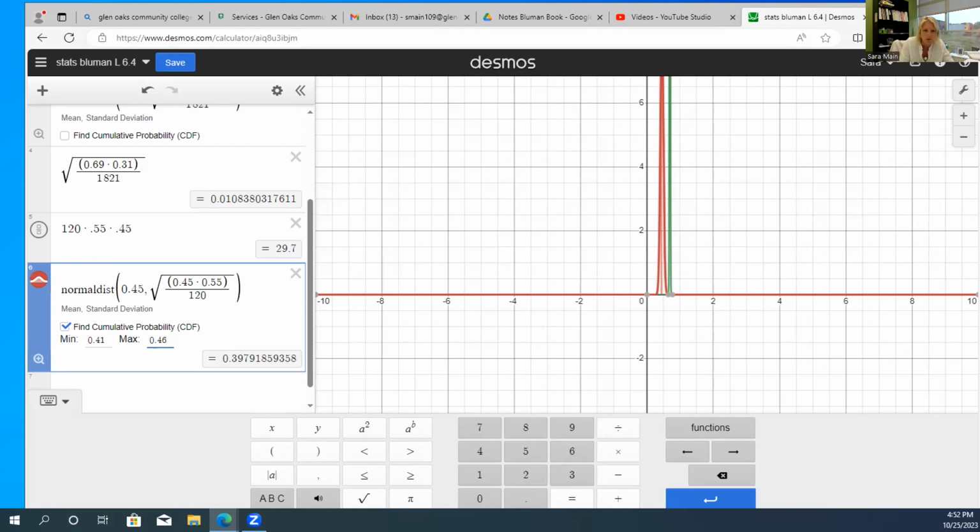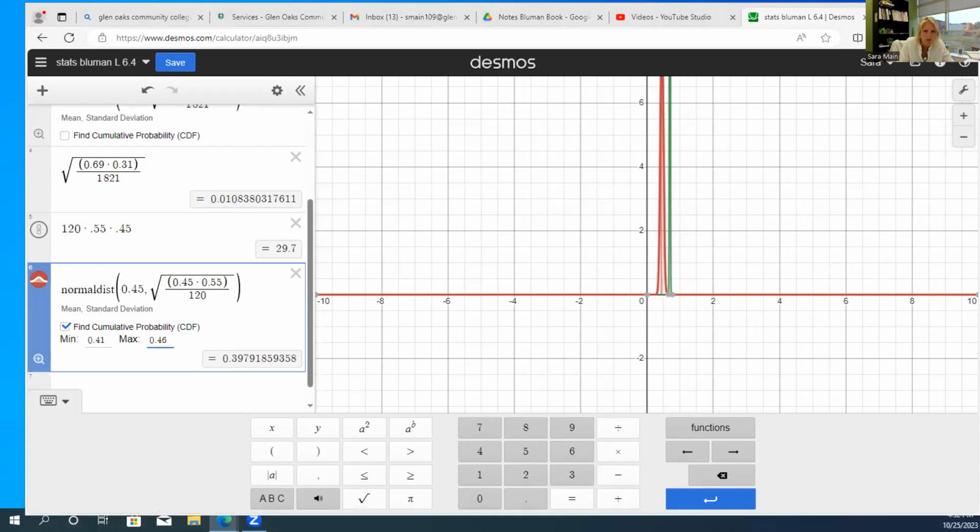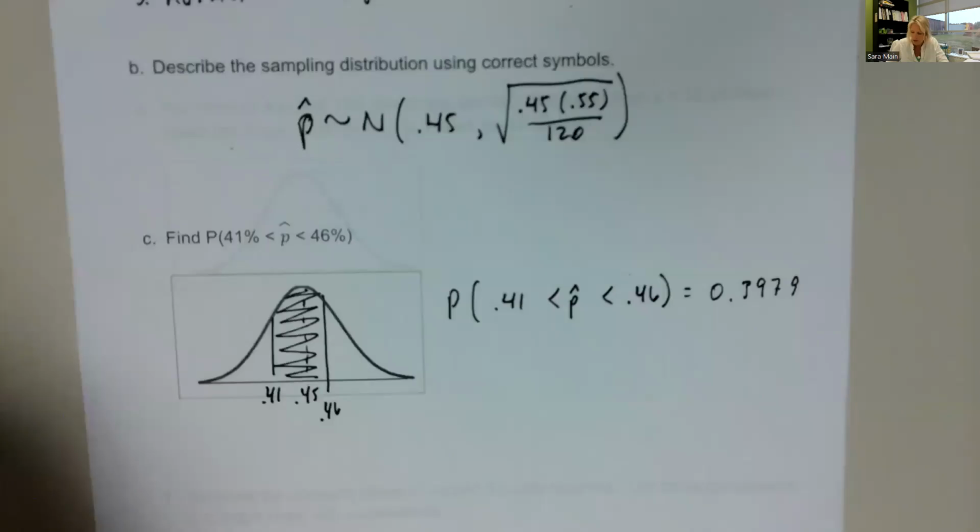So let's interpret this together because we've got percents and percents and it gets a little confusing.